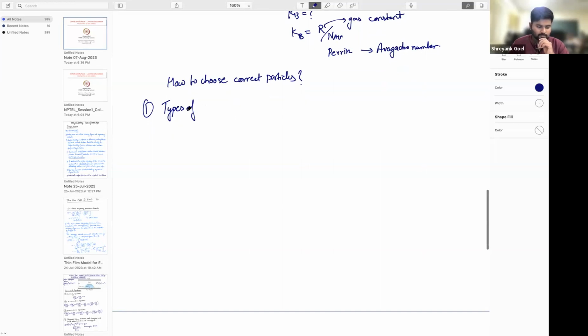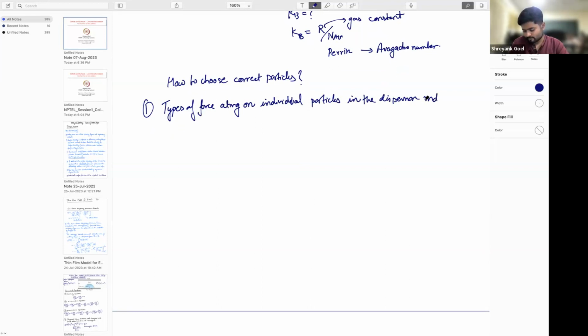So the first point is the types of force acting on an individual particle in the dispersion medium. The second point is the interaction force between particles.